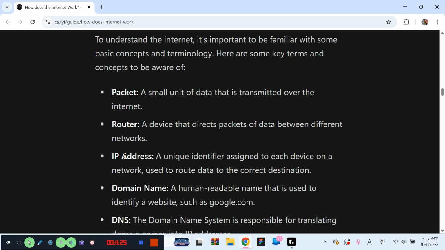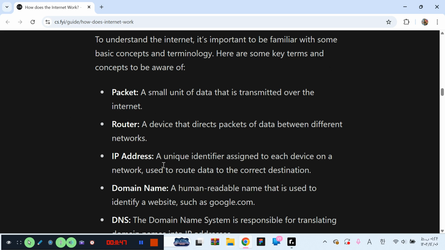I'm just comfortable with router: a device that directs packets of data between different networks. As I just told you, it works like Waze or Google Maps. Not exactly like that, but to be familiar, they are similar.